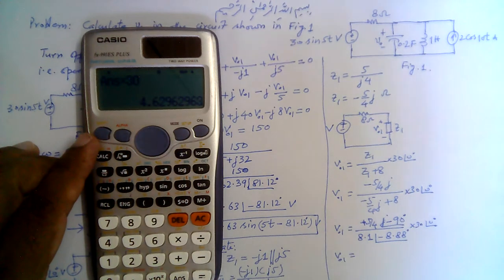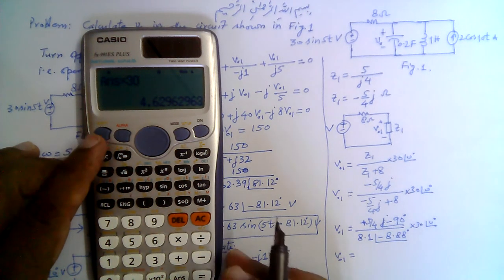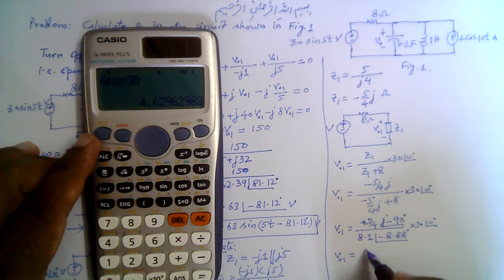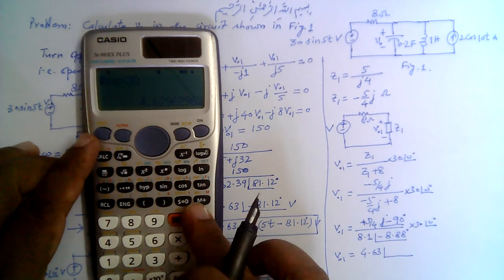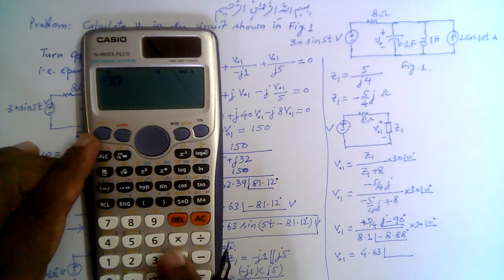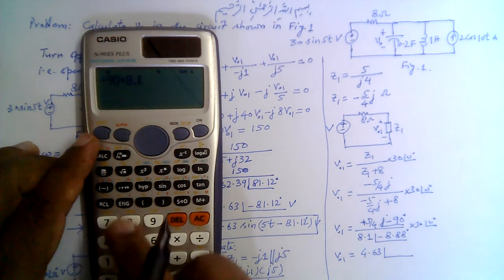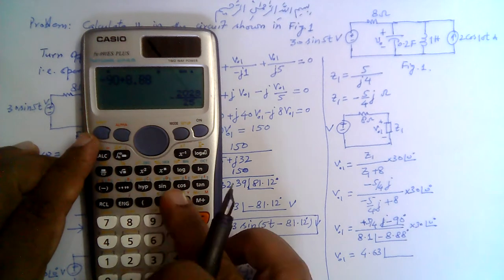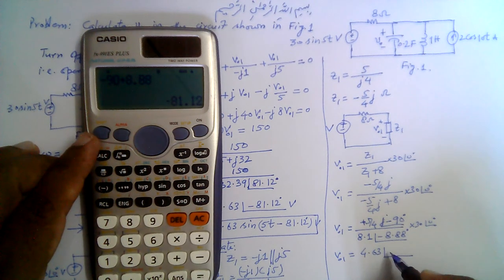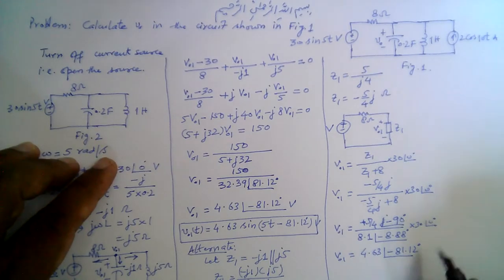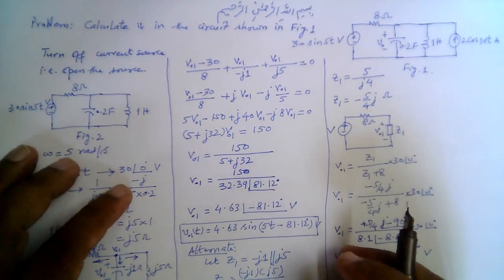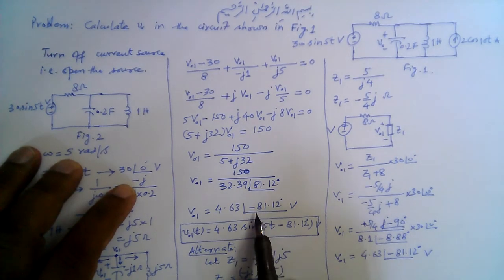So that gives us again 4.63, and the angle is minus 90 plus 8.88, so that gives us minus 81.12 degrees volts, which is the same result that we obtained here, right?